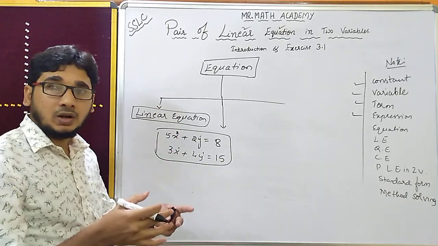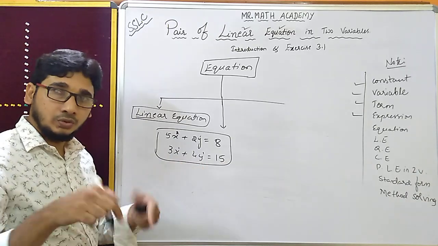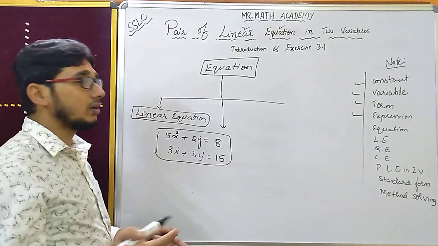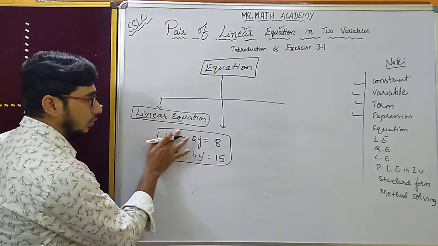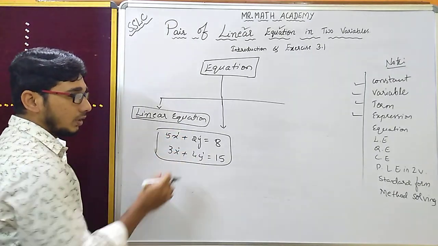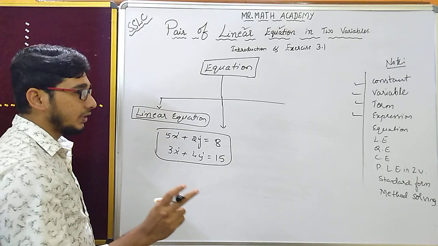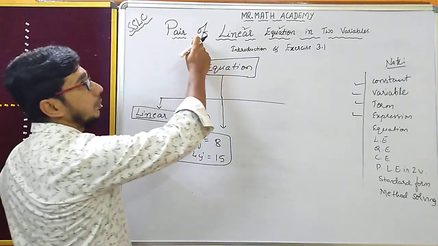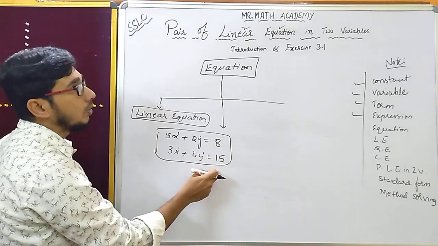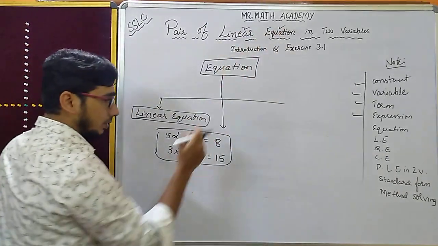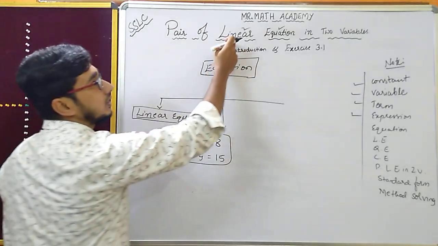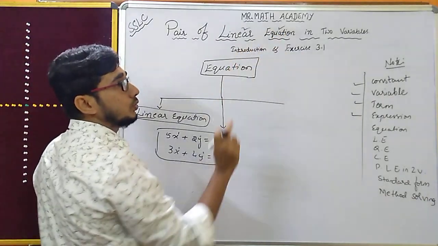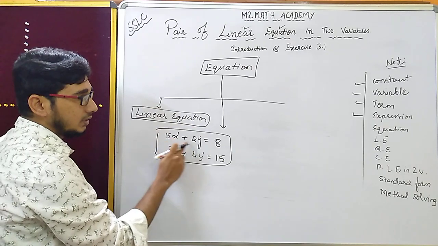We cannot imagine a pair of linear equation in 2 variable and quadratic equation in 2 variable together like this. So remove this. Linear equation in 2 variable, consider it together as a pair. Power 1 is there, so it is a linear equation, equal to symbol is there, in 2 variables x and y.